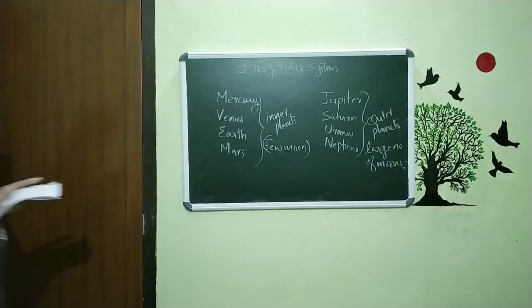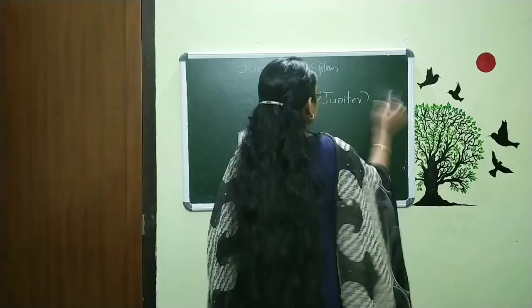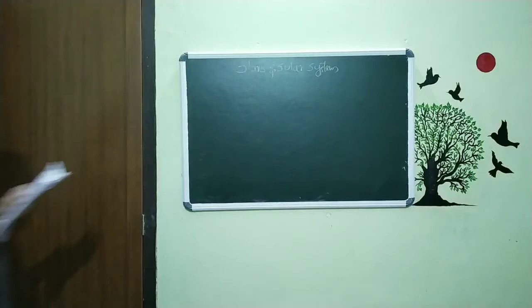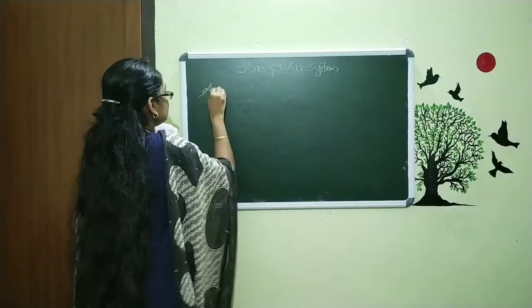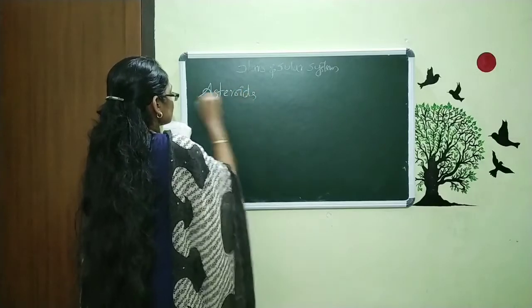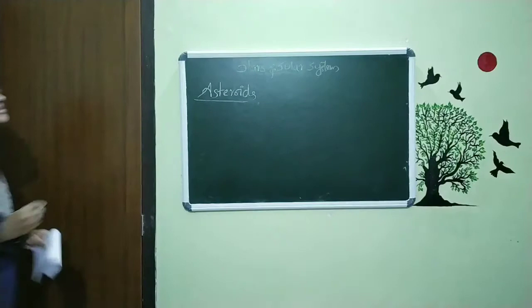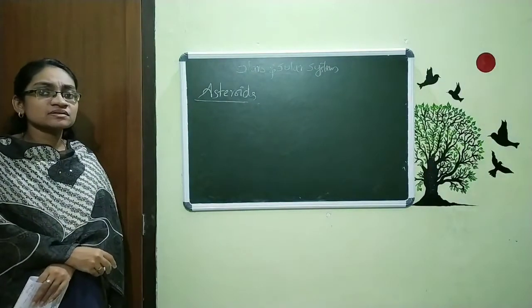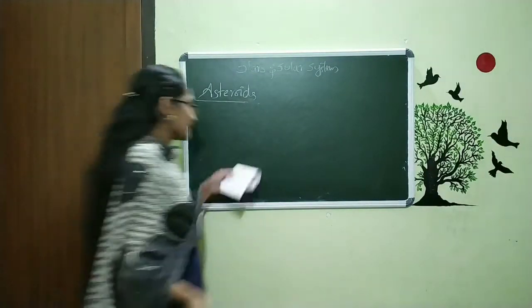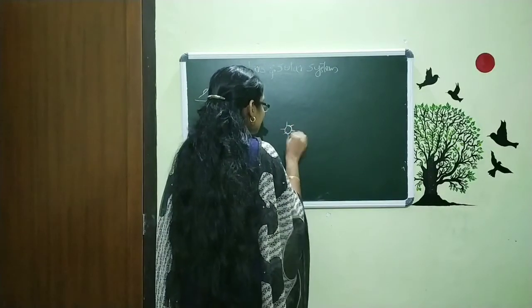The first one is asteroids. Now the question is, what are asteroids? I will show you. The Sun is at the center.